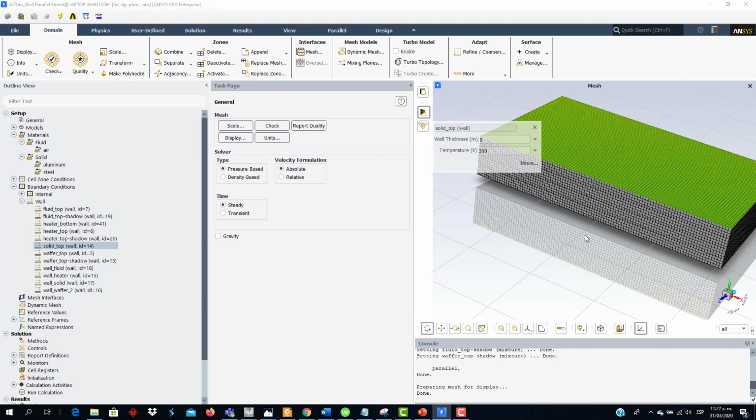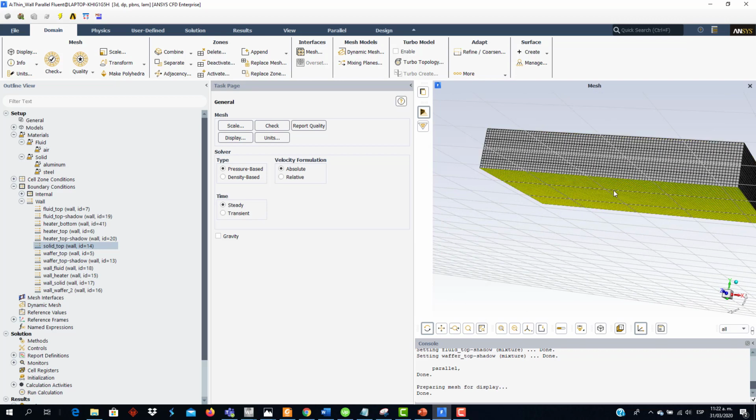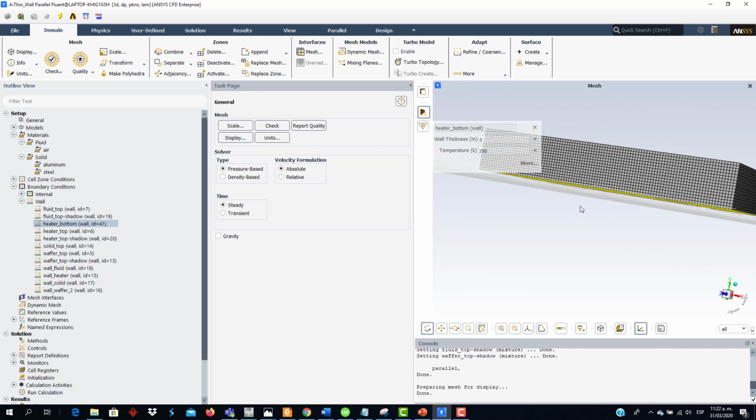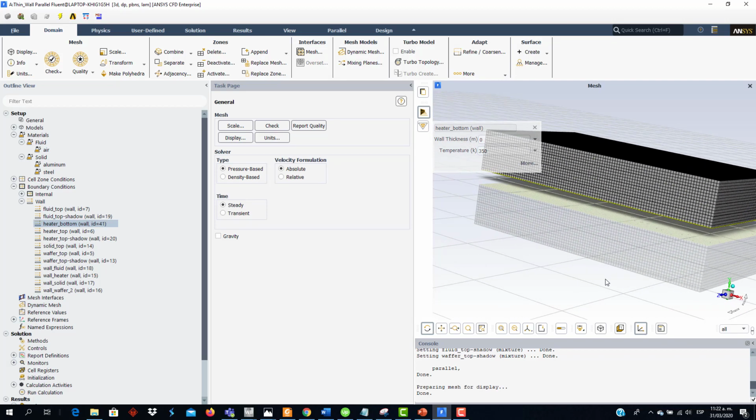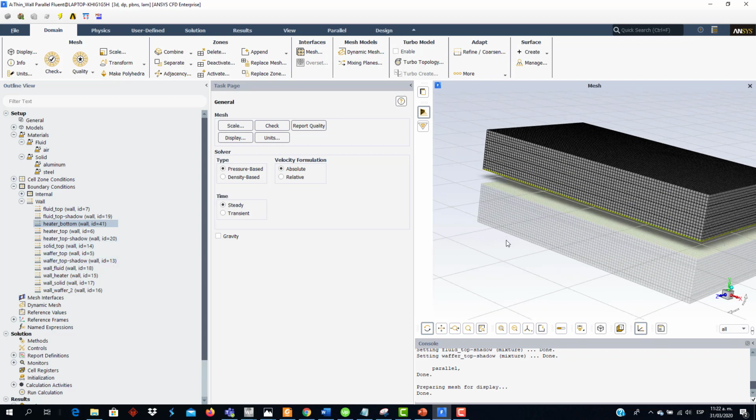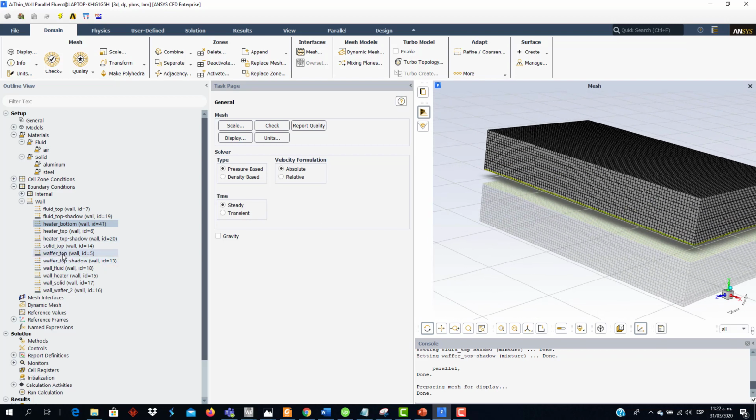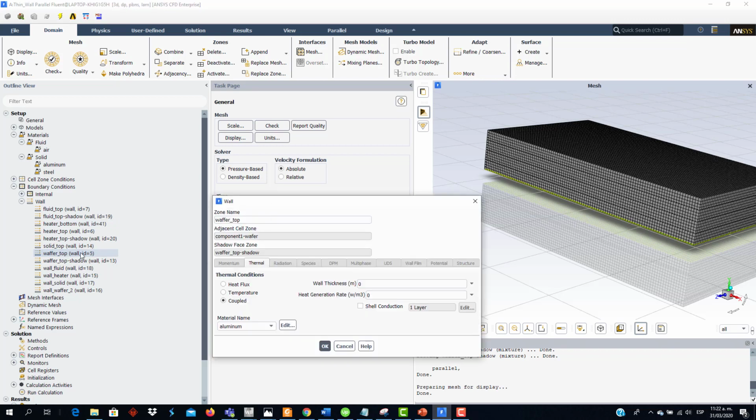Then we have a temperature gradient between this wall and this other wall that is 350 Kelvin. This temperature gradient is what will allow us to generate our heat transfer process in the positive y direction.